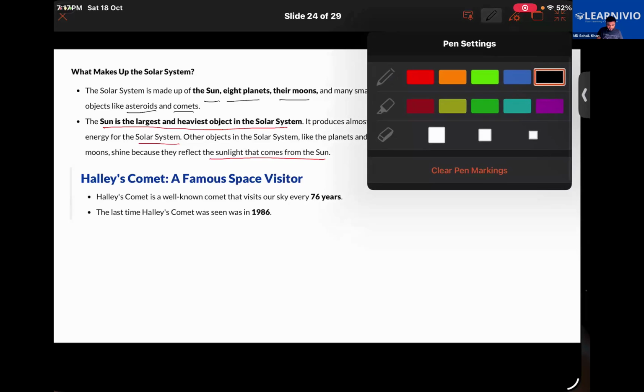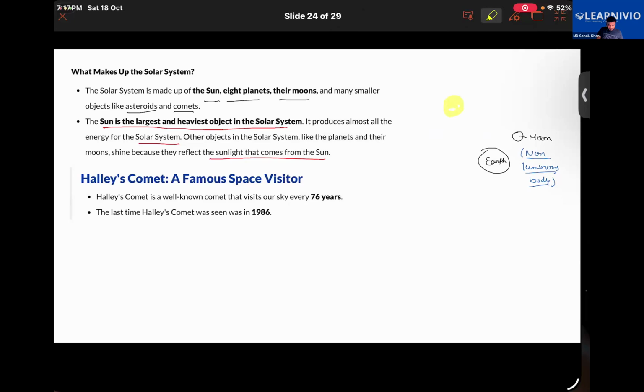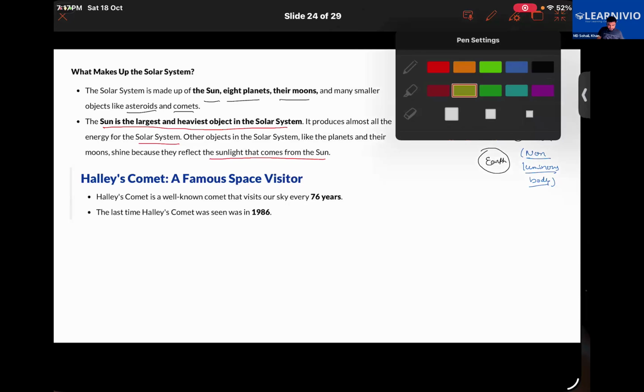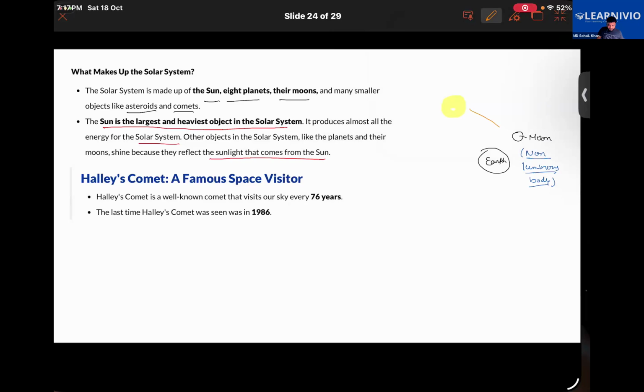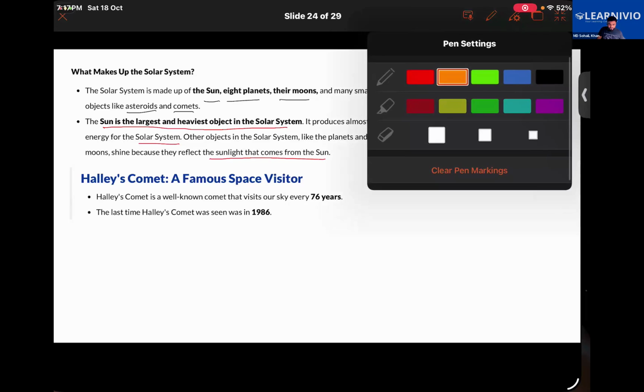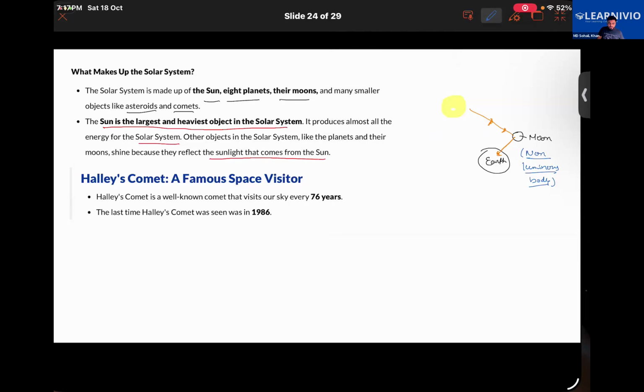Say that this is the sun and these are the sun's rays falling on it. As the sun's rays fall on the moon, they reflect from it, and the reflected light reaches us. Some people may think that the moon is giving its own light, but actually the sun's light is getting reflected from the surface of the moon. Understanding that?